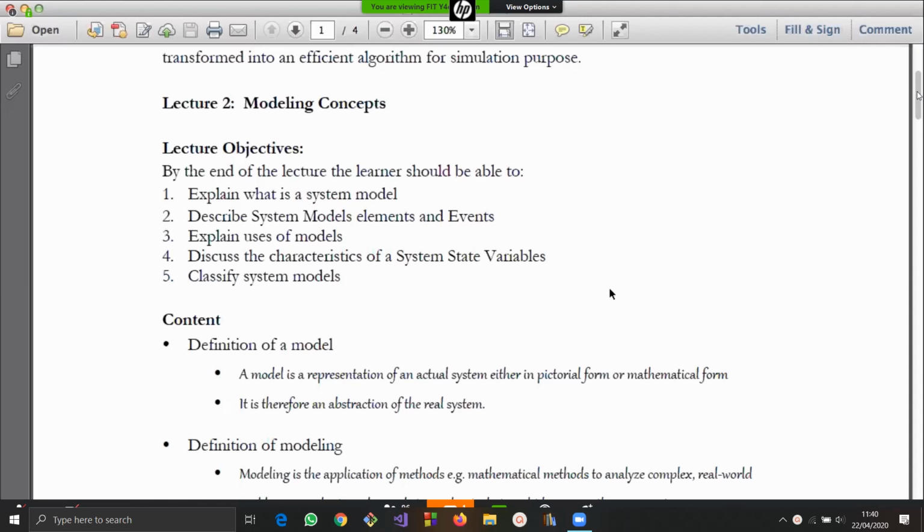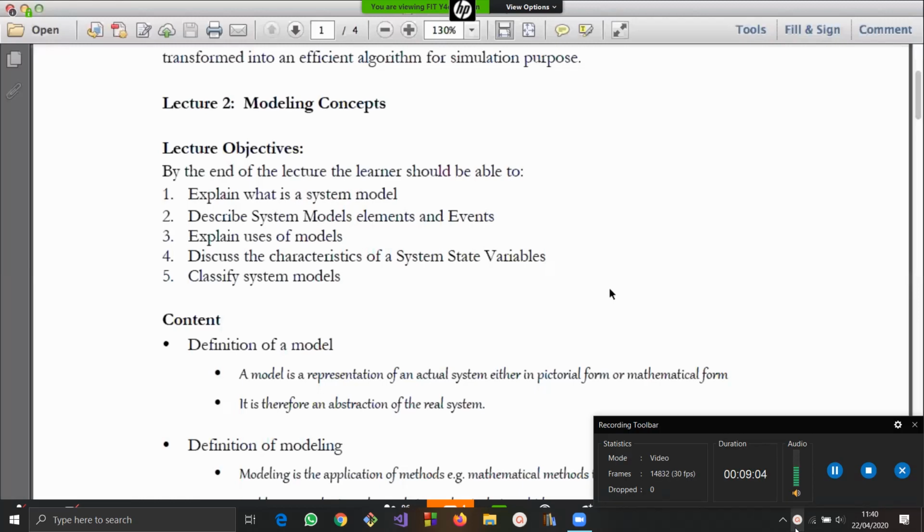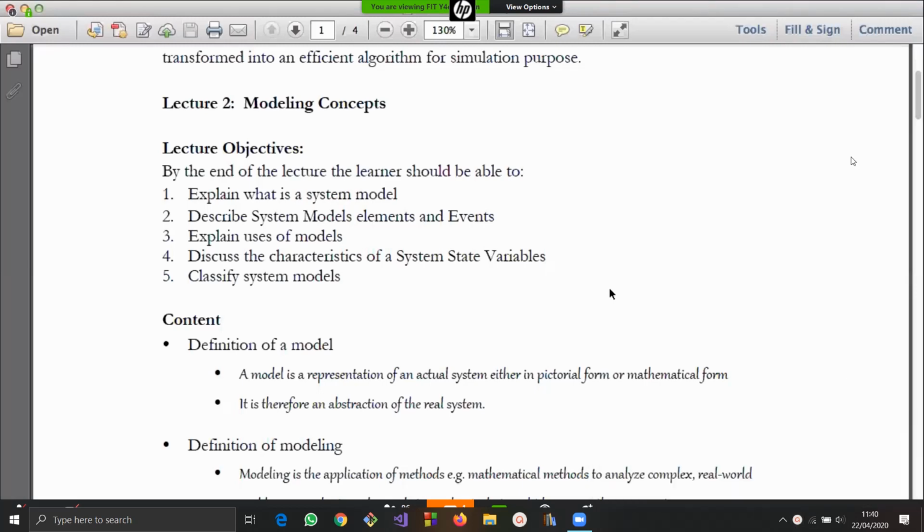So this is the input section, this is the processing section, and then the other section which becomes what you call the output section.